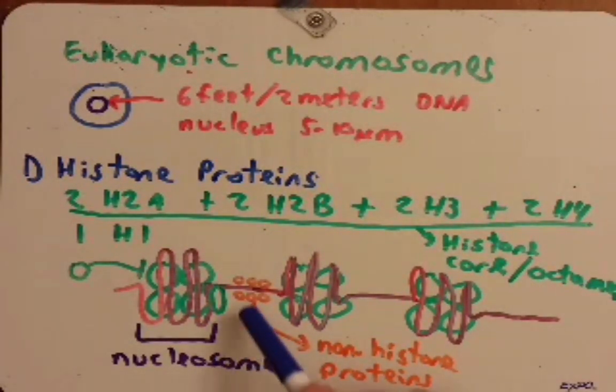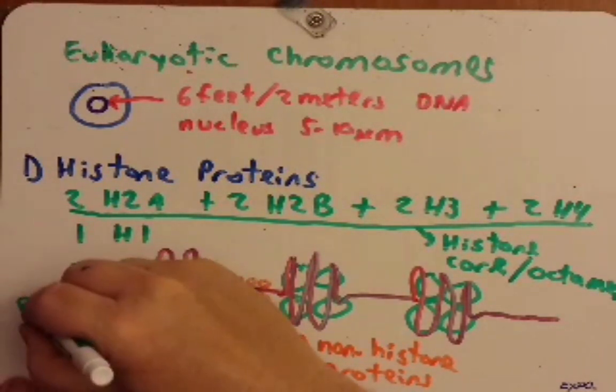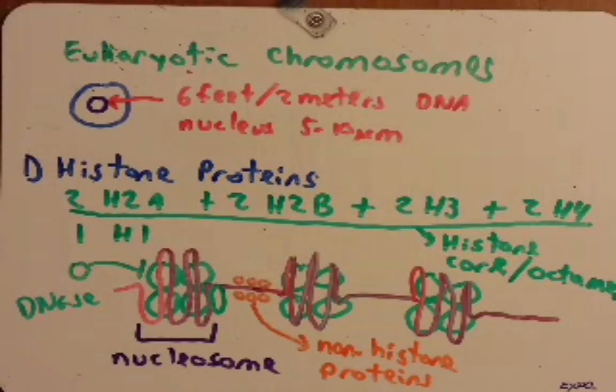However, enzymes have access to these regions in between the histones. As a result, enzymes like DNase, those enzymes that degrade DNA, would be able to degrade the DNA in between these histones. Experimentally, if you isolate chromosomes that are in this nucleosome structure and throw this piece of chromatin into a tube with DNase, what you end up with are essentially these linker pieces of DNA gone.